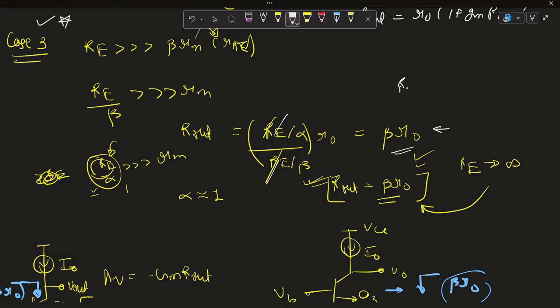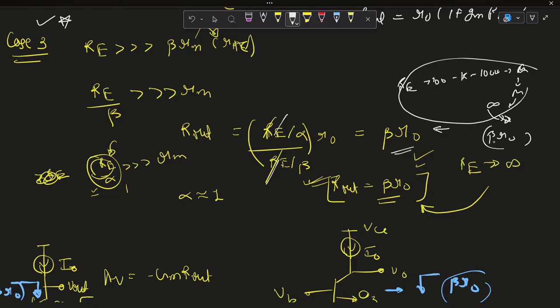We increase our Re gradually from 100 to 1000 to 100,000 to mega, sorry, giga. Eventually, if we increase this to infinity, then the R out of this common emitter with degeneration stage will become beta R naught. So this is our conclusion.